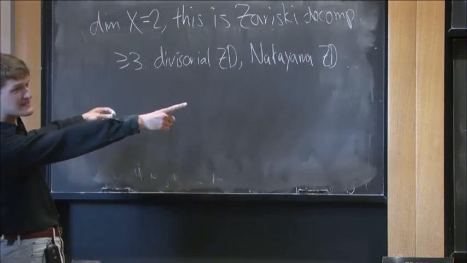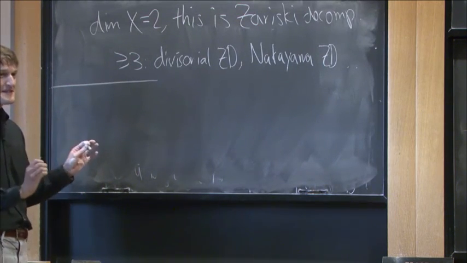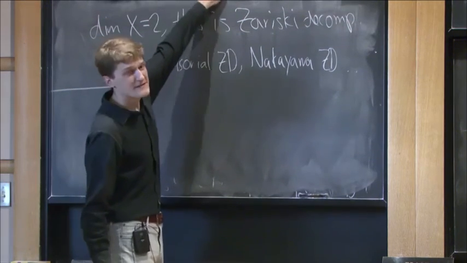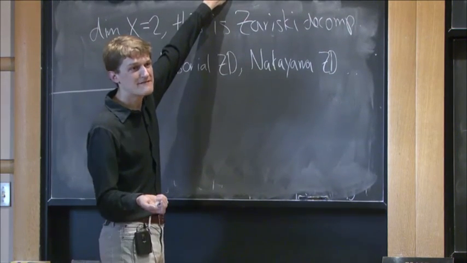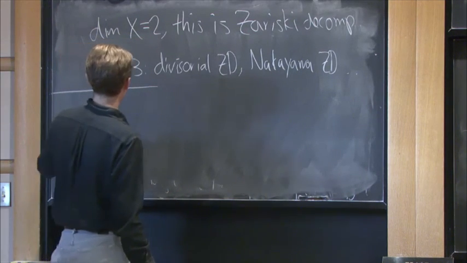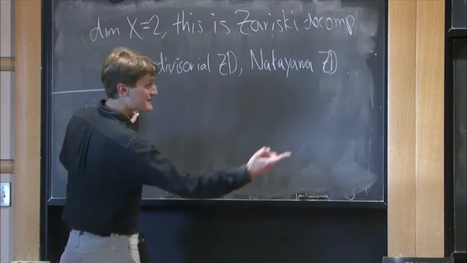So the upshot of this infinite example is that if you want to use Zariski decomposition in the relative setting, you need to be a little careful, because this is not going to work if you have a coefficient that's infinity. Then N of D is not a divisor, and P of D doesn't make sense at all. And that's the conclusion of the second example.